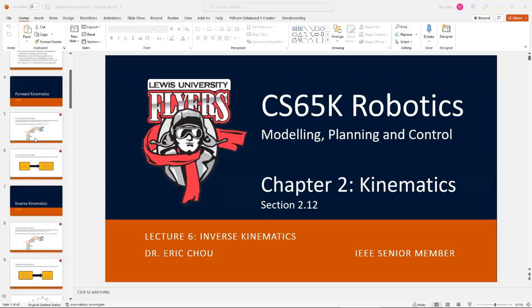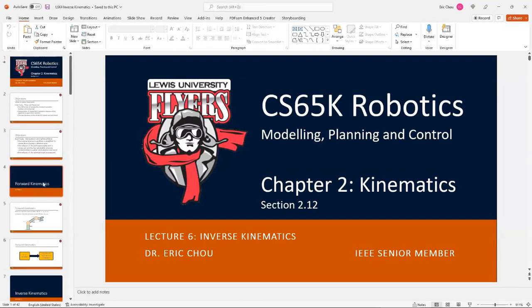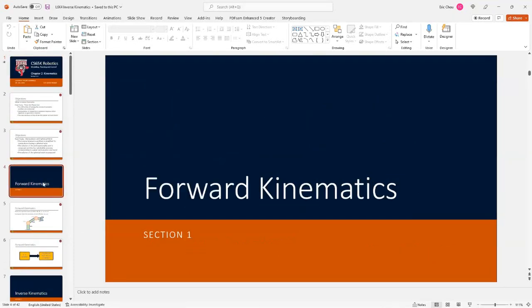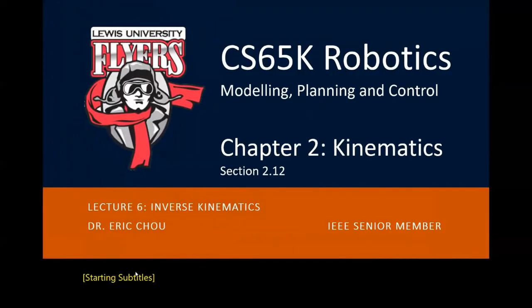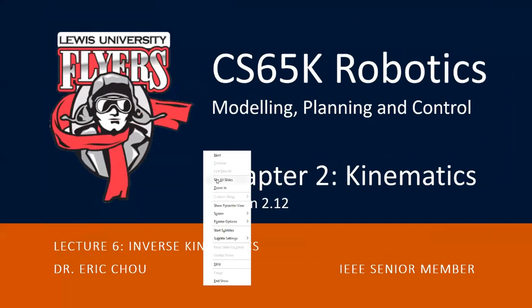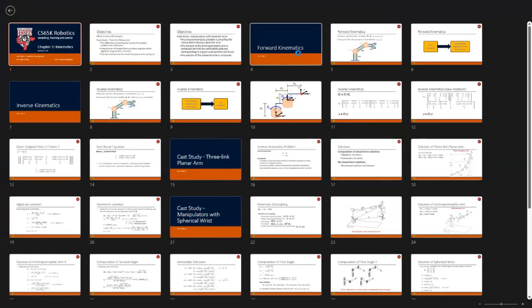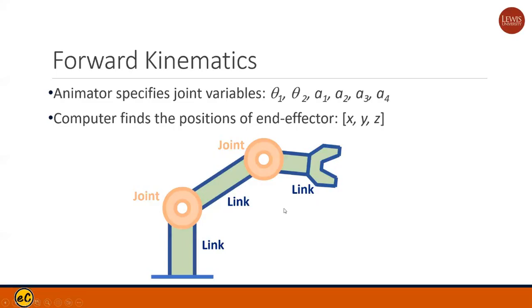So let's look at the slides. We do have forward kinematics. We model it with theta 1, theta 2, and A1, A2, A3, A4, the different link lengths and the thetas, and then we try to find the position of the end effector, the XYZ of the end effector.